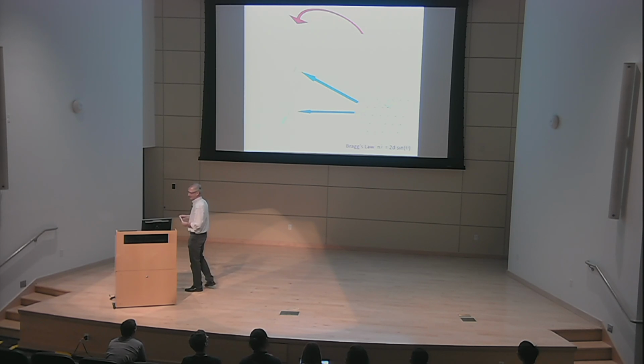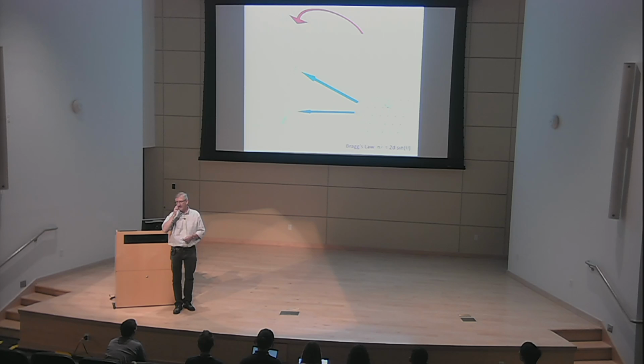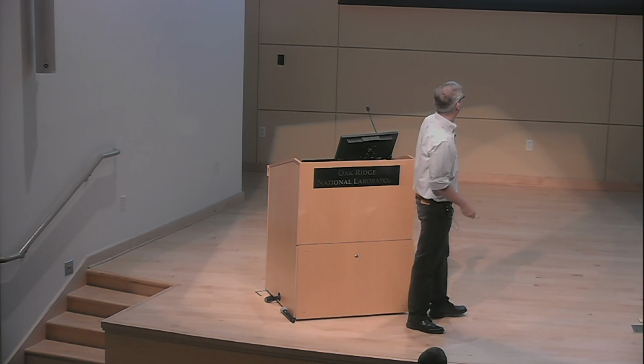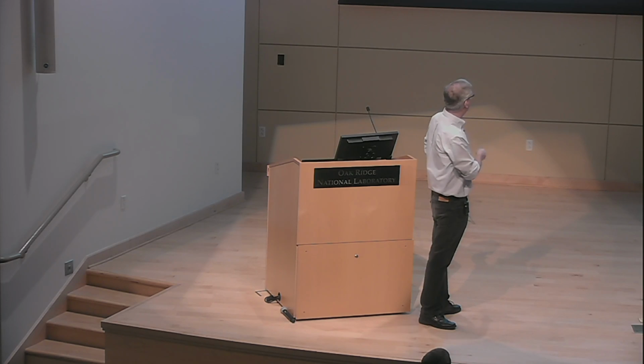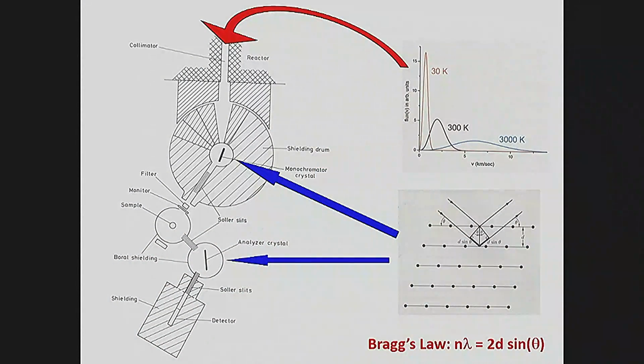So okay, then I'm going to change directions a little bit and talk about neutron instrumentation. So I'm going to be talking about things that are more practical for essentially the next hour or so. And so this is actually a layout of a triple axis neutron instrument. So this is the instrument that Bert Brockhouse invented in the 1950s and 1960s.